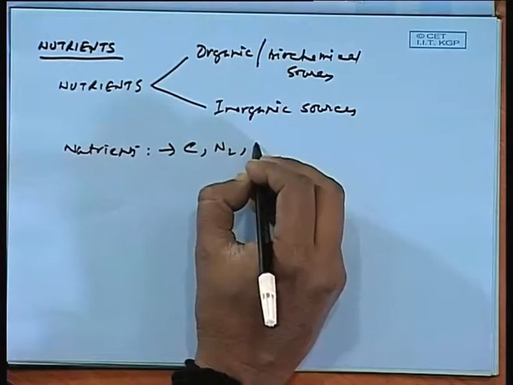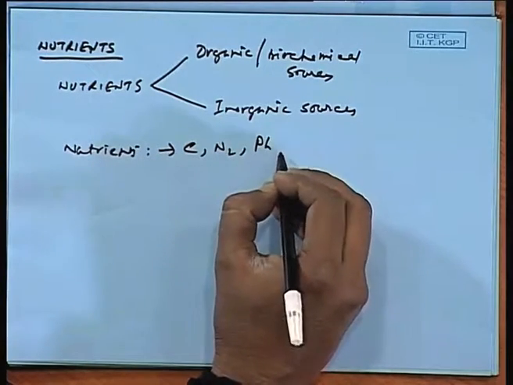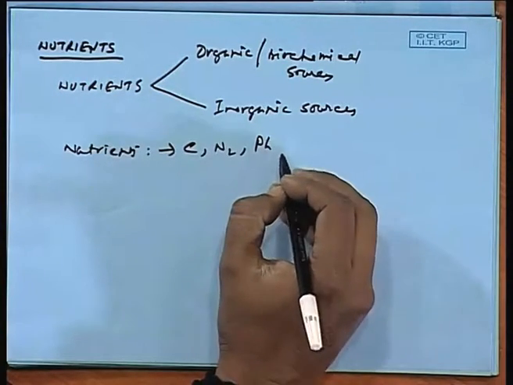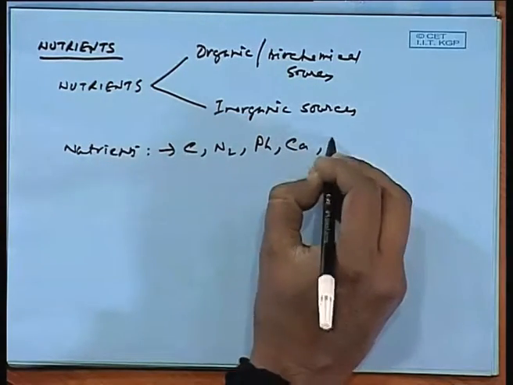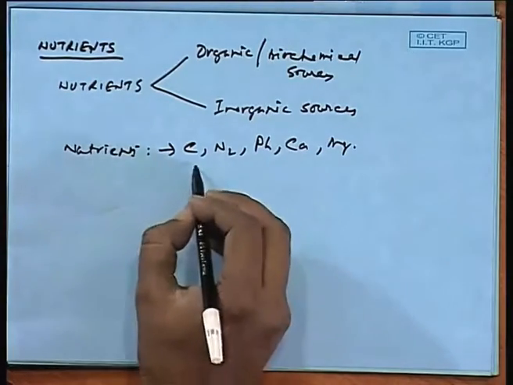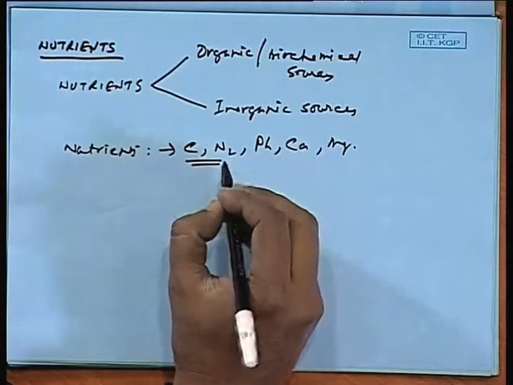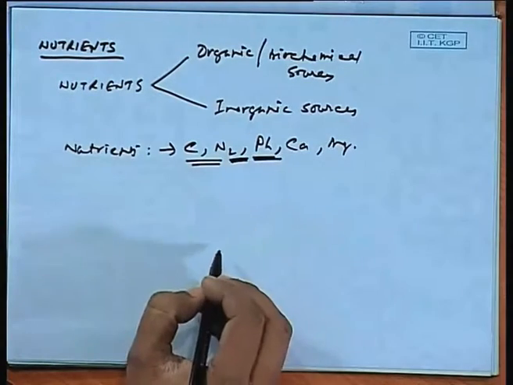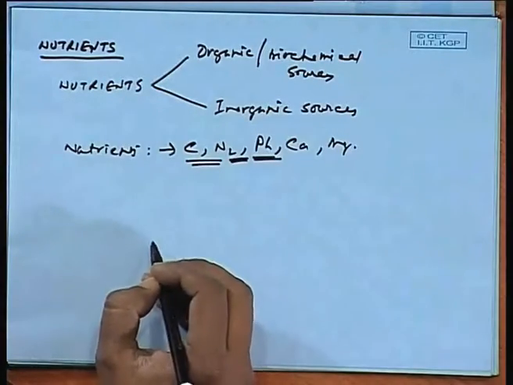So carbon, nitrogen, and we can find phosphorus also from this, and there are many other sources as well. In organic sources you will also find some calcium, magnesium, but generally these nutrients are specifically obtained from the organic sources: carbon, nitrogen, phosphorus as well. To a certain extent, phosphorus we can find from other sources too, from organic or biochemical sources.